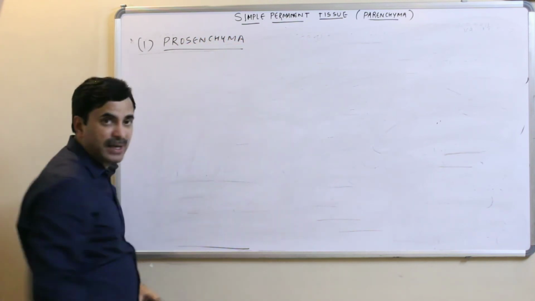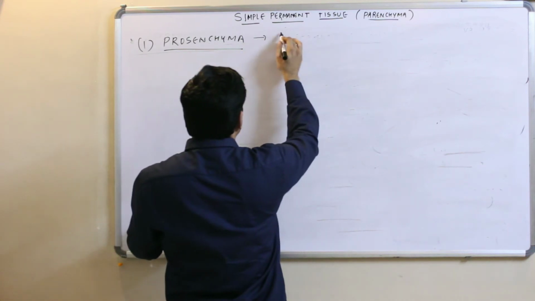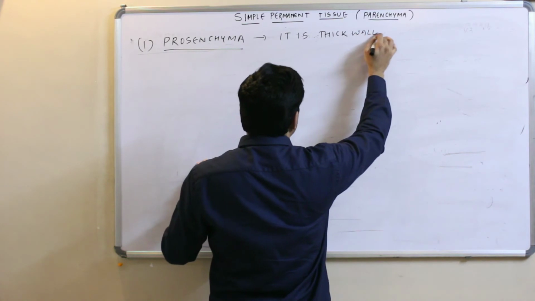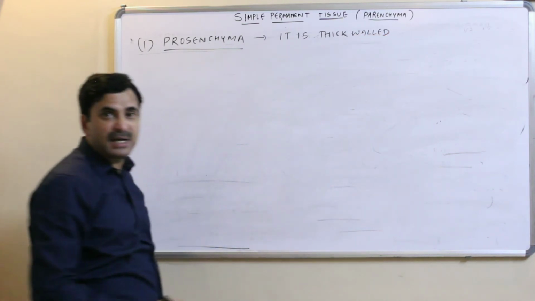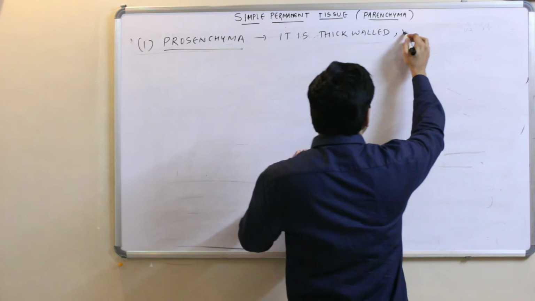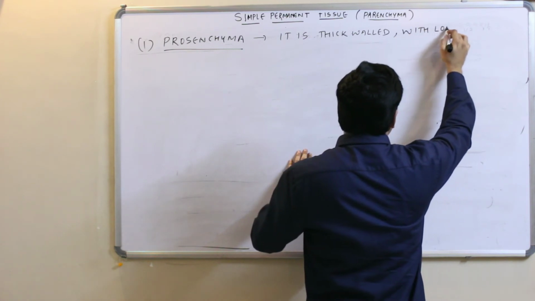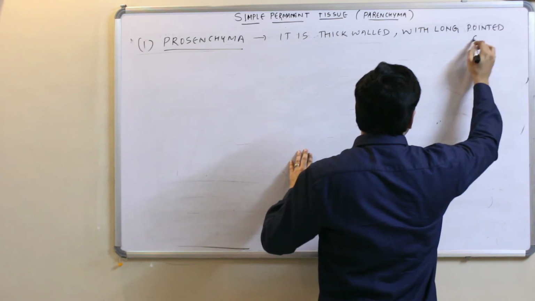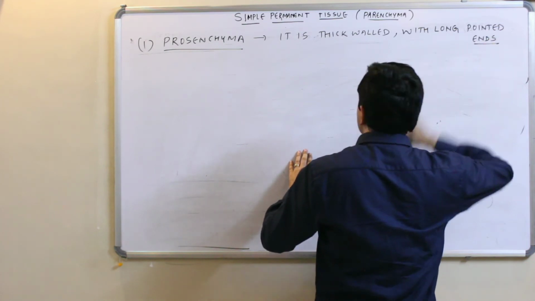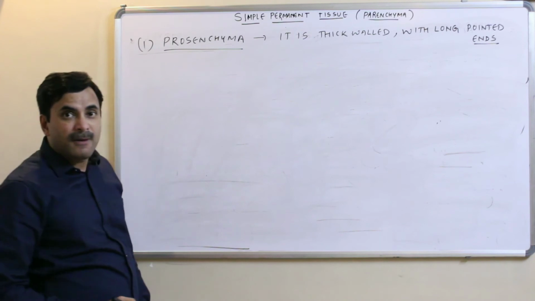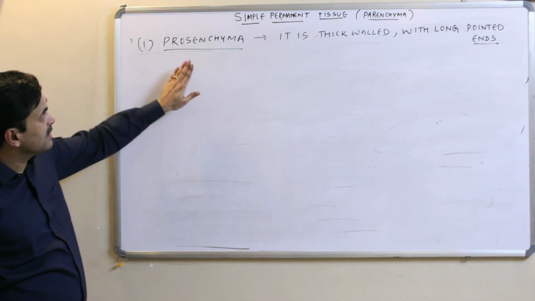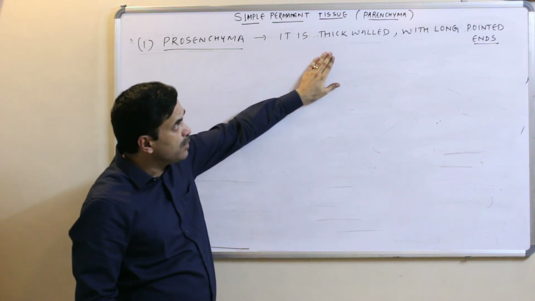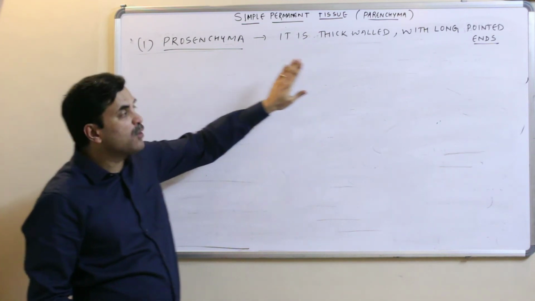Now, it is a type of parenchyma which is thick-walled, with long pointed ends. Are you getting? Prosenchyma is a type of parenchyma which is thick-walled with long pointed ends.